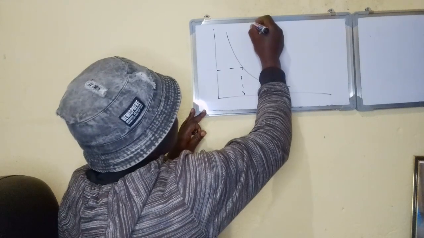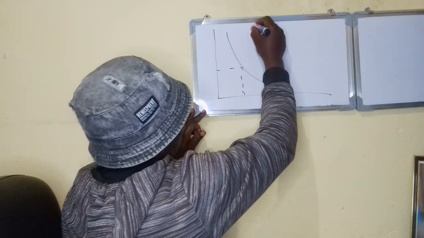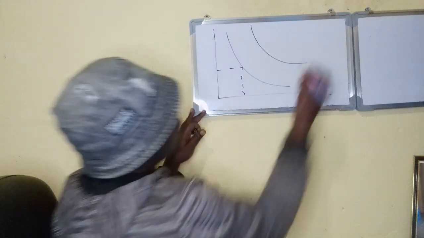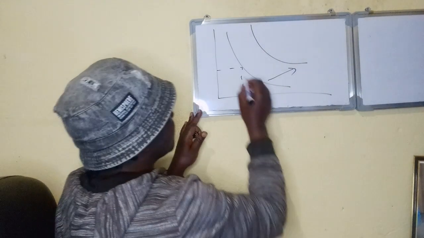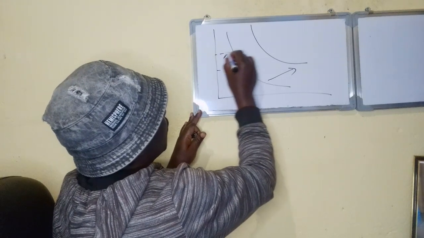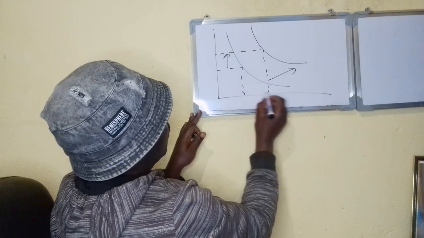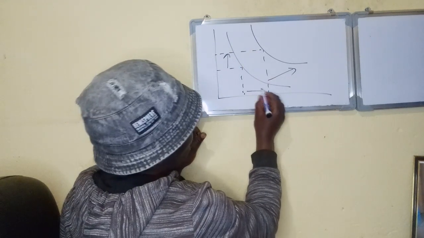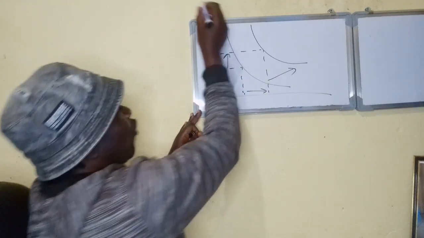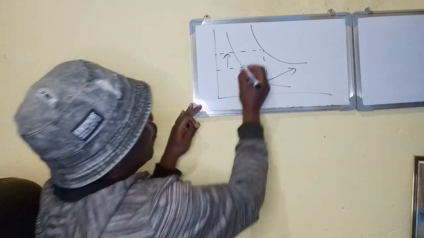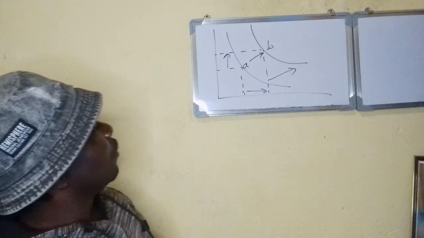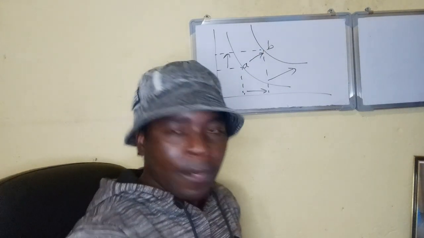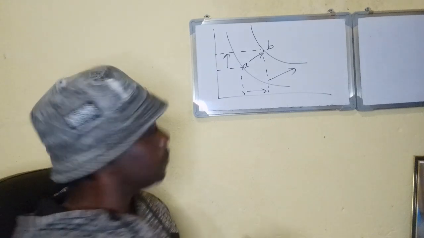And then, since both of them are growing, you will have another curve. Can you see? This one is going that way, this one is going that way. So you will have maybe A and B, and then you will show the movement. So I've given you 3 marks there.